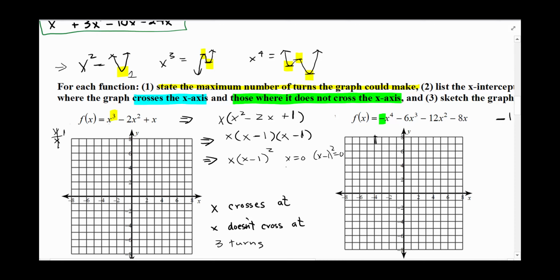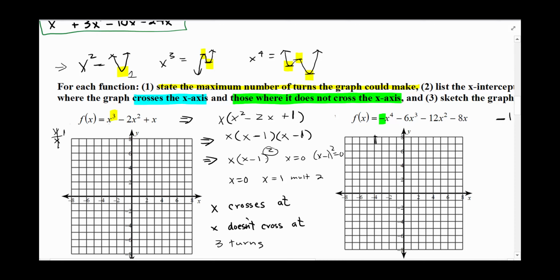Well, the easy way to do it is, if there's an x on the outside of parentheses, that automatically equals 0. And then whatever is inside, the opposite of negative 1 is positive 1. But there's a multiplicity of 2. And remember what we talked about before.